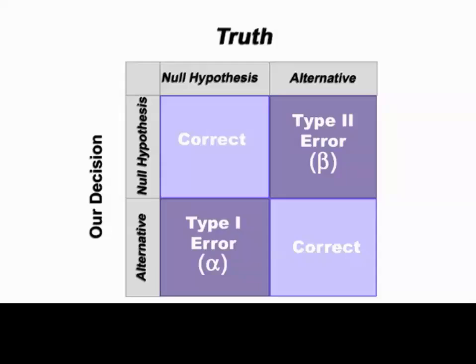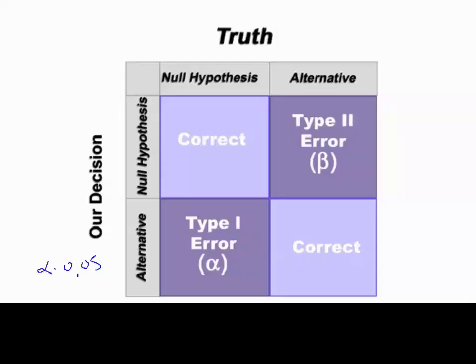So in other words, we determine what alpha is. Let's just say that alpha is 5%. Okay.